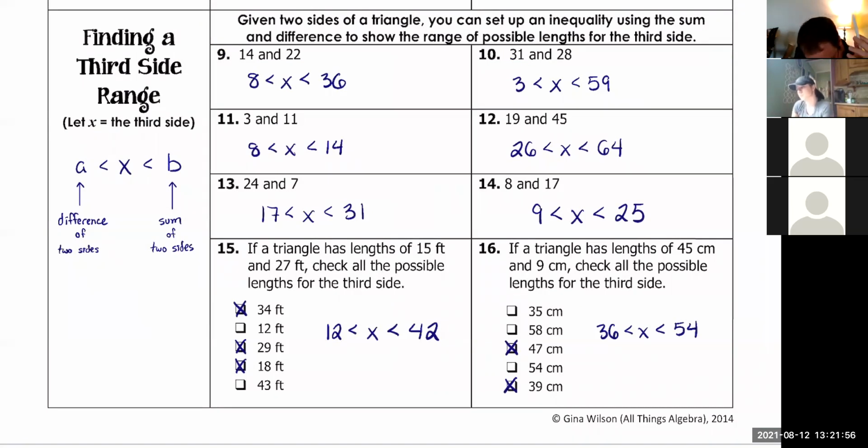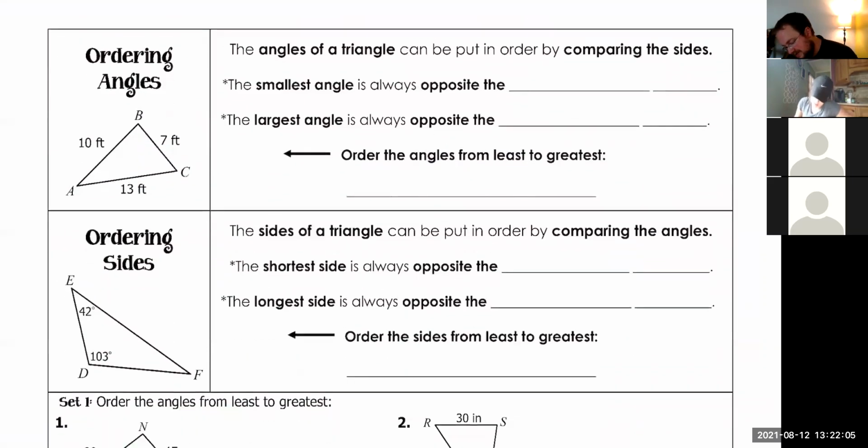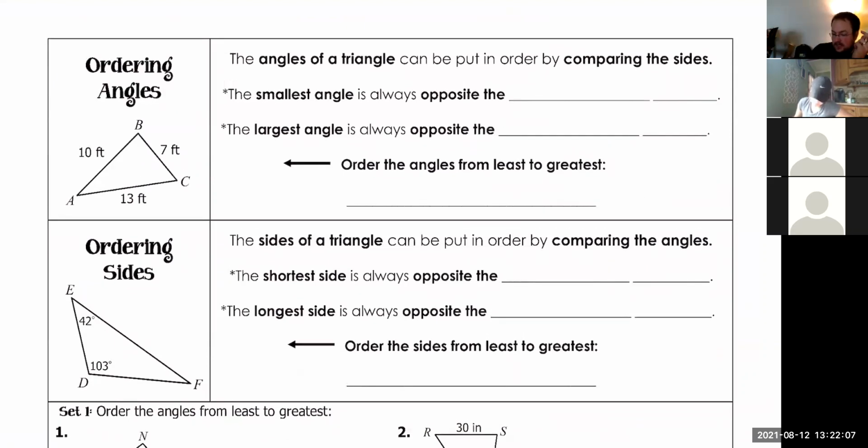Okay. So next up is a neat little trick, a neat little relationship between the angles in a triangle with respect to the sides of the triangle. So we're going to start with ordering the angles.